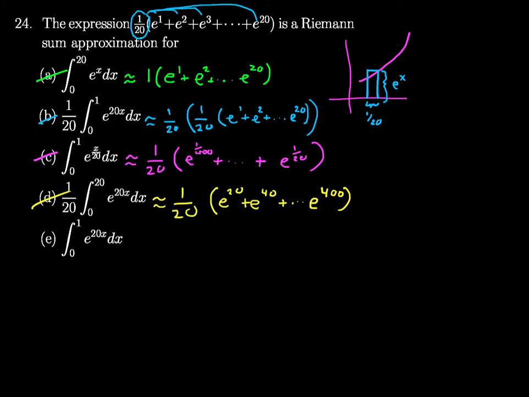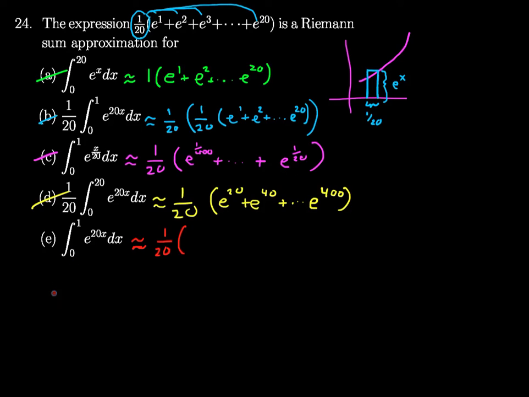Okay, so e. Why is it e? Well, this one I have 20 subintervals. The total distance is 0 to 1. So I have 1/20th for the width of each subinterval, like I had over in this diagram. That's good. If I break it into 20 subintervals, my subintervals are 1/20th, 2/20th, 3/20th.